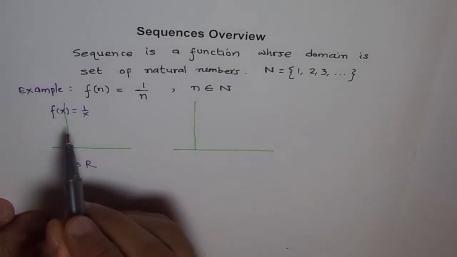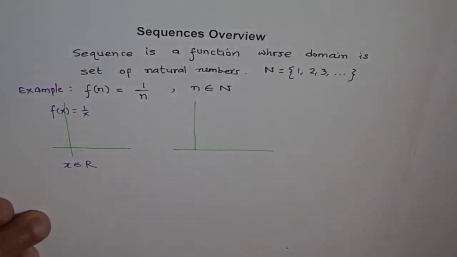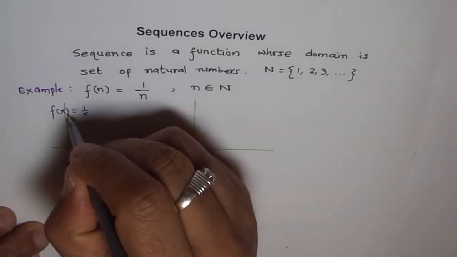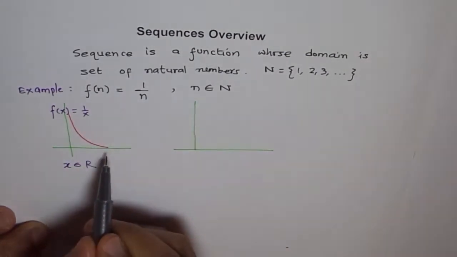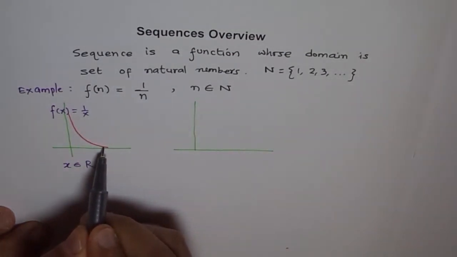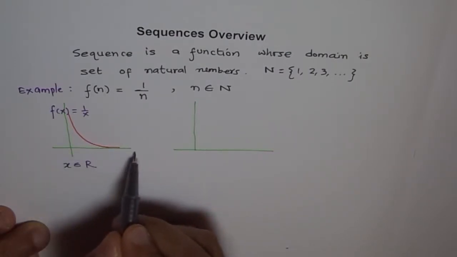So that function is a reciprocal function, right? And how does it look like? The value decreases and approaches 0, right? It comes closer and closer to 0. Horizontal asymptote is this, correct?